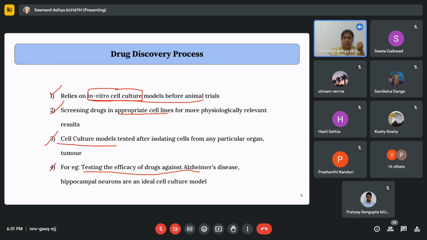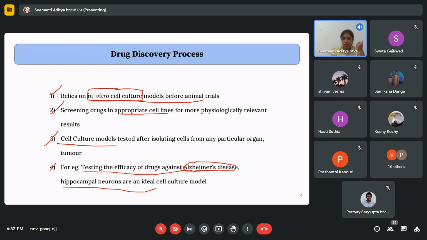For example, if we are testing the efficacy of drugs against Alzheimer's disease, then hippocampal neurons are an ideal cell culture model, because Alzheimer's disease is a neurodegenerative disease which causes the hippocampal neurons to die.